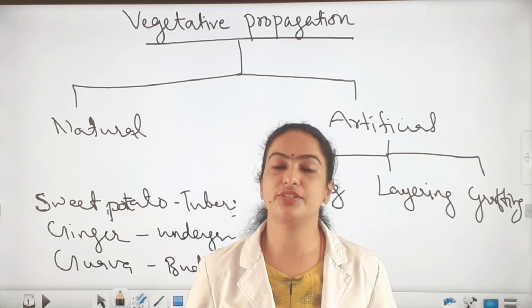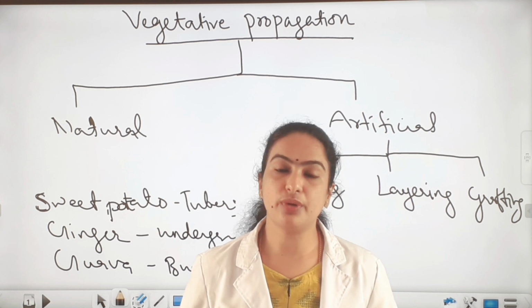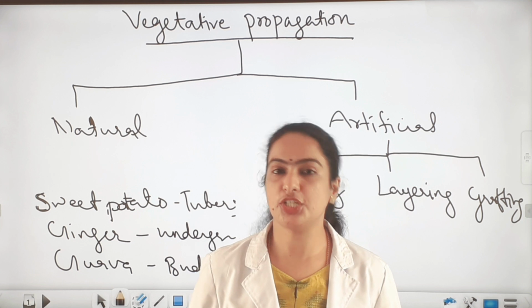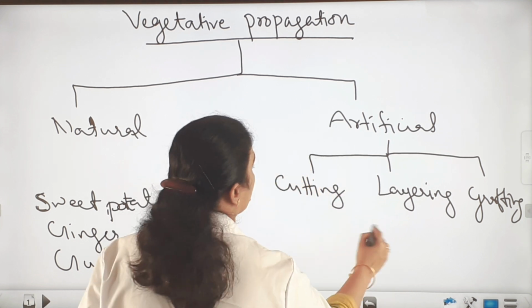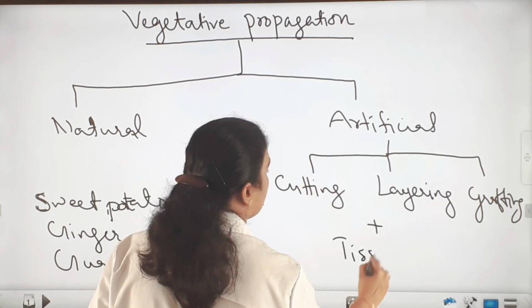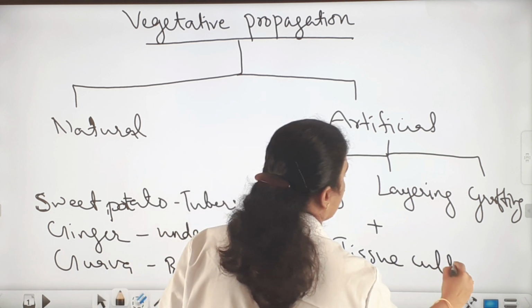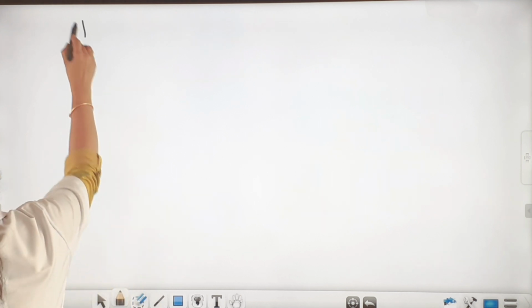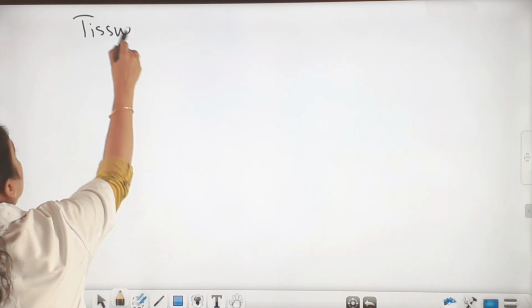In this class you have to learn a new artificial method of vegetative propagation, tissue culture. Okay, let's see about tissue culture.